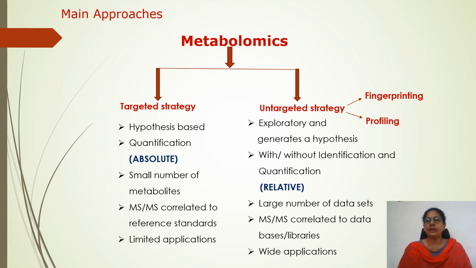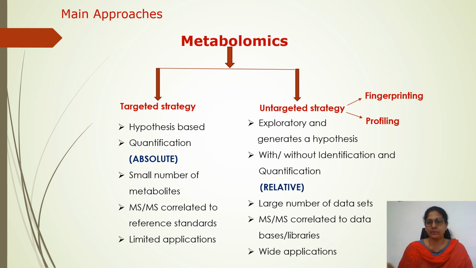Whereas coming to untargeted strategy, the two main keywords are fingerprinting and profiling. Okay, exploratory and generates a hypothesis. This is very important. The untargeted strategy of metabolomics is exploratory and generates a hypothesis, and it involves identification and quantification, with or without, so we can call it a relative phenomenon. Large numbers of data sets are possible, and MS/MS correlated to databases and libraries.